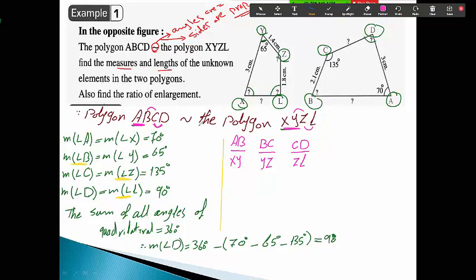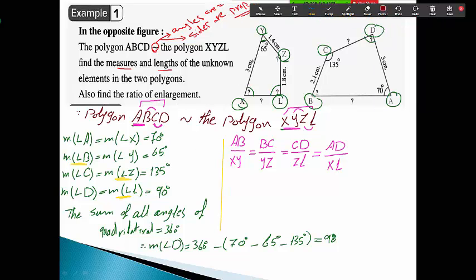The last one will be AD over XL. All these ratios must be equal. We will replace the side by its length if we have a length. If we haven't, we will keep it as it is.